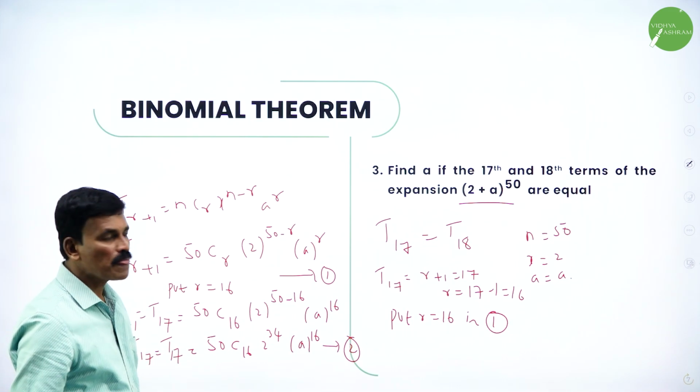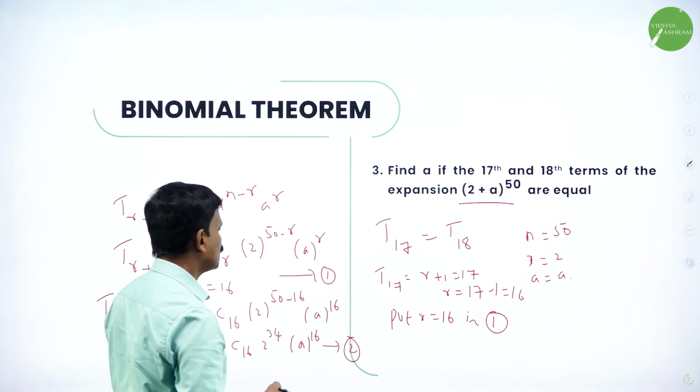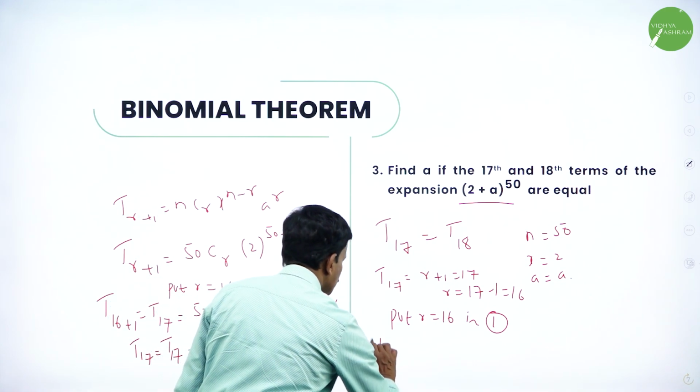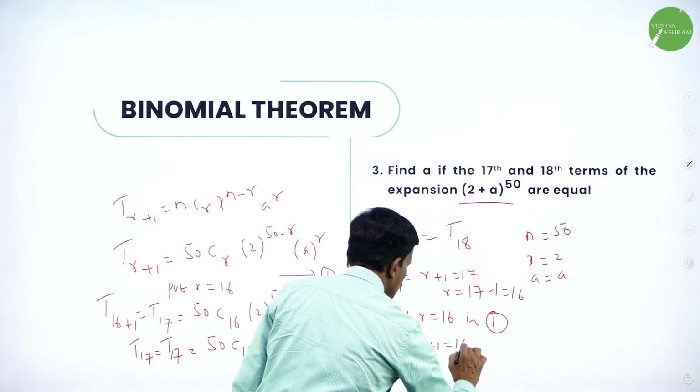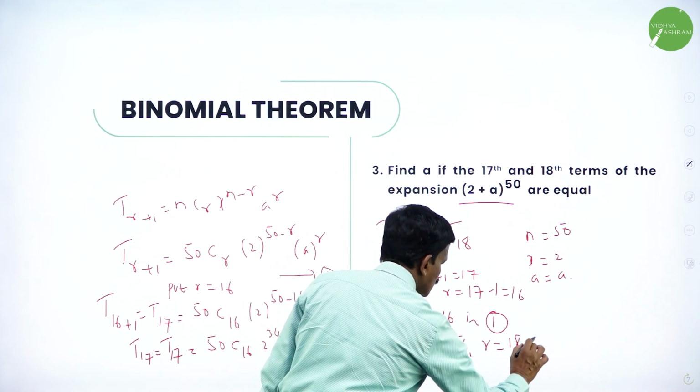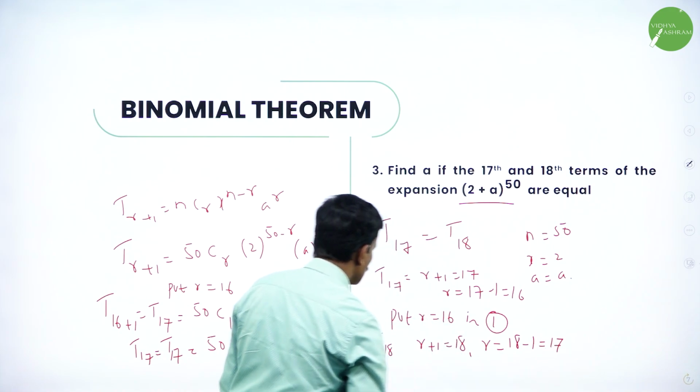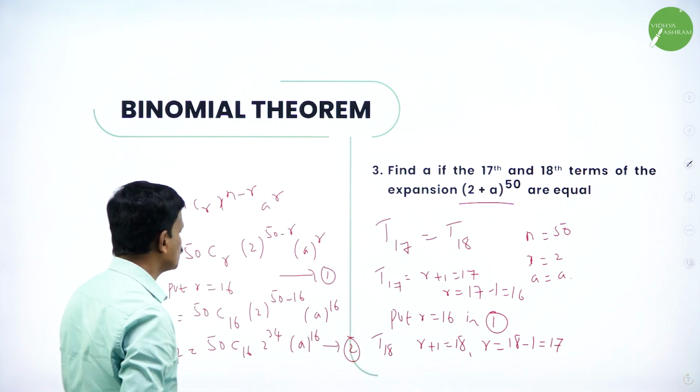Now just to find the 18th term, for 18th term T18, so r plus 1 is equal to 18, r is equal to 18 minus 1 is 17. Put r is equal to 17 in equation number 1.